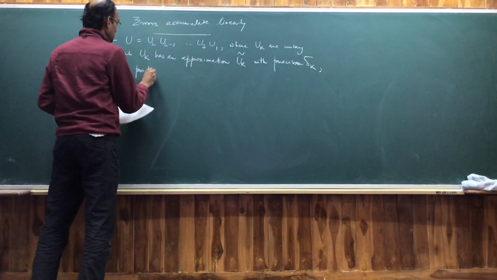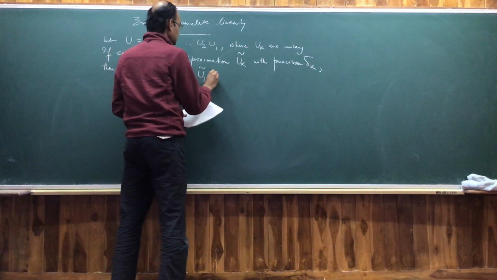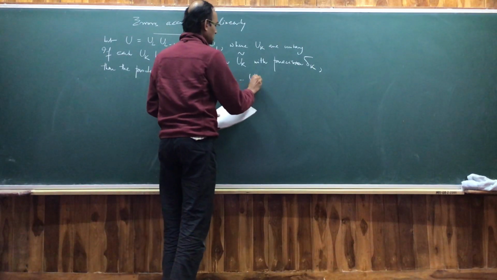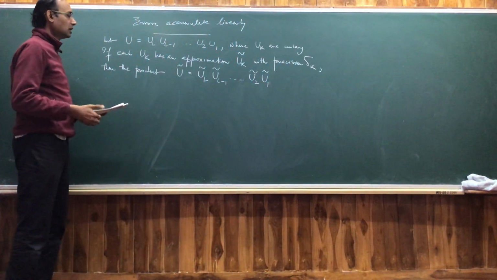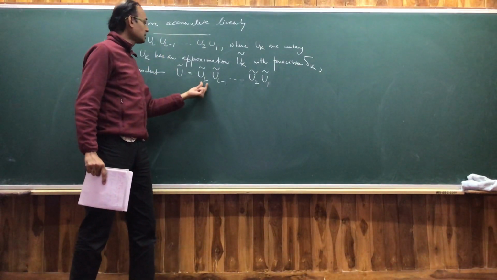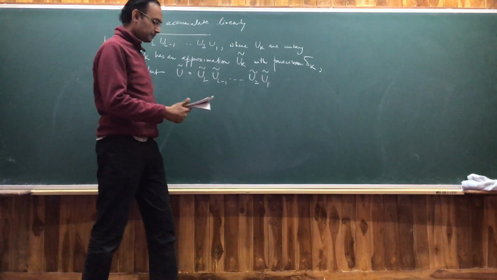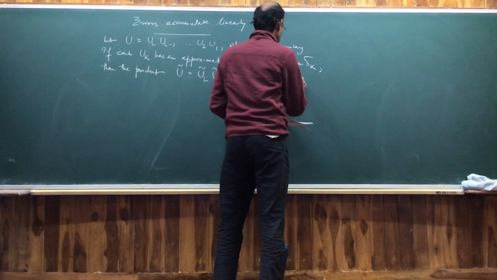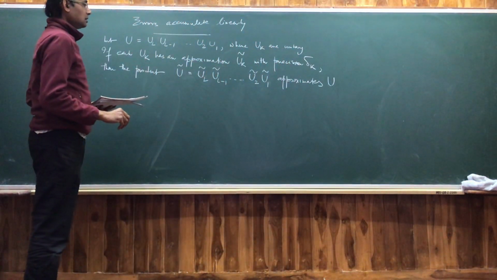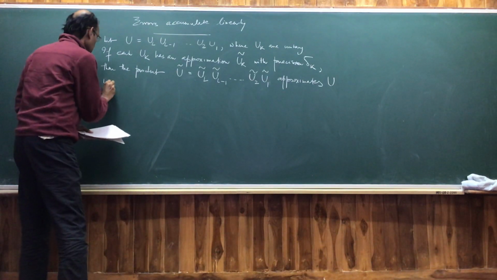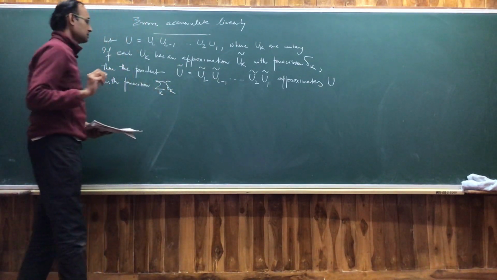Then the product U tilde, which is U L tilde, U L minus 1 tilde, and so on, the approximate one, where every component has been replaced by an approximate version, each with a precision delta L, delta L minus 1 and so on, approximates U with a summation.